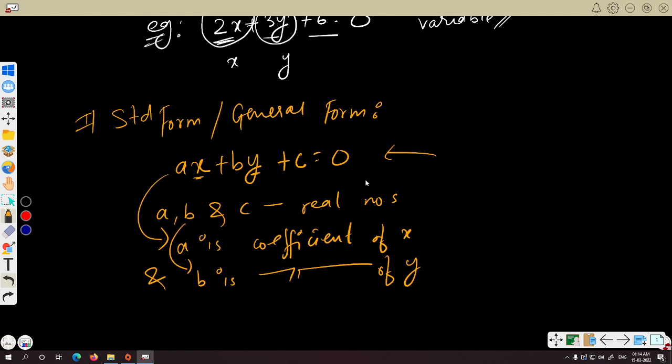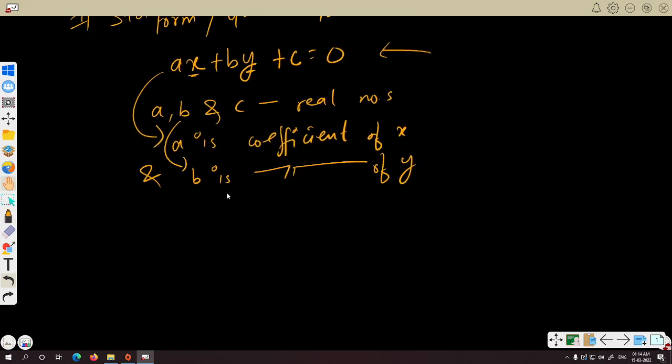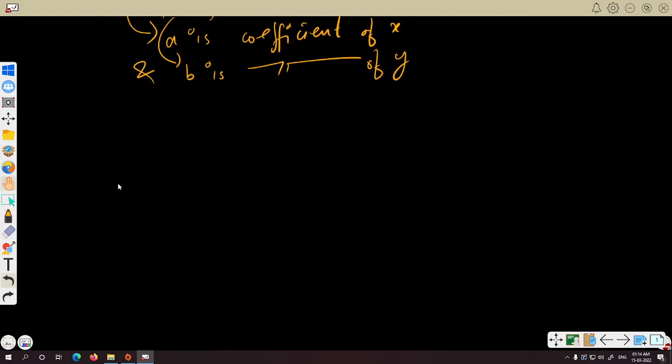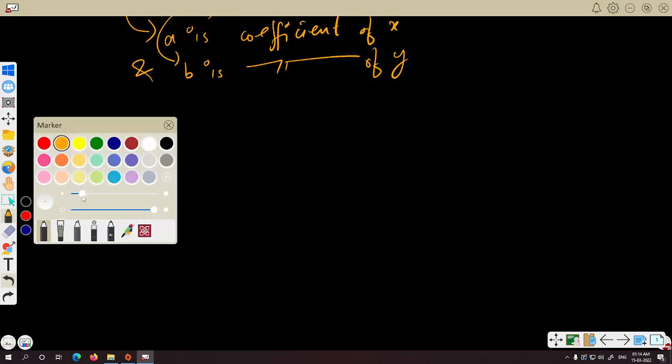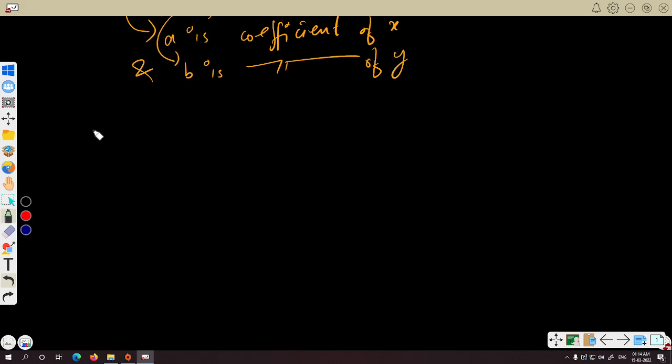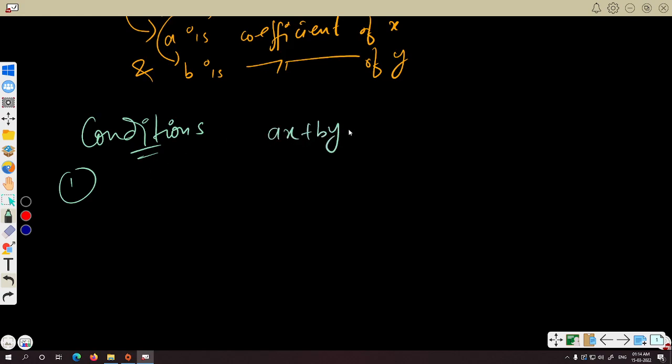Now if you look at this general form ax plus by plus c, there are some conditions that we need to follow to have a linear equation in two variables. Now what are those conditions? We will talk about the conditions. The conditions are very much important and easy as well. If this is the general equation ax plus by plus c is equal to 0, as I said, a, b and c belong to real numbers.